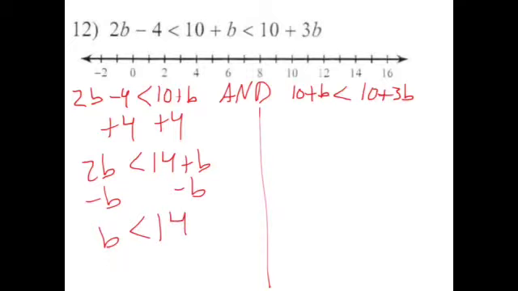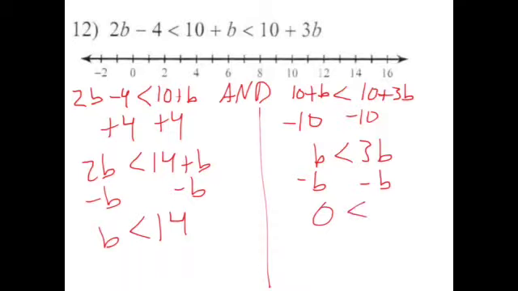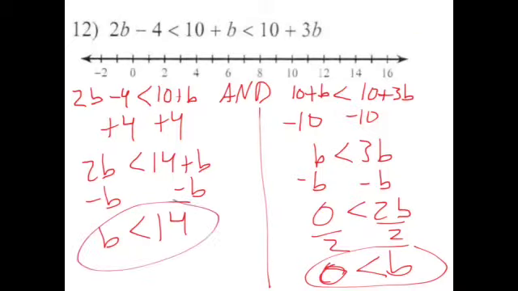And on the right side, let's subtract 10 from both sides to get b less than 3b. And let's subtract b from both sides to get 0 less than 2b, and divide both sides by 2 to get 0 less than b. And so here now we have two different inequalities. Let's graph the left one.